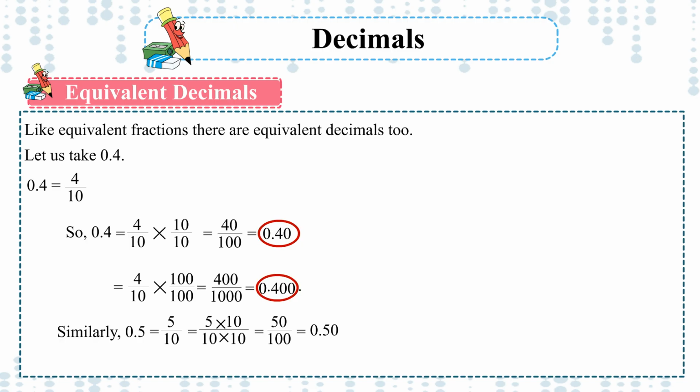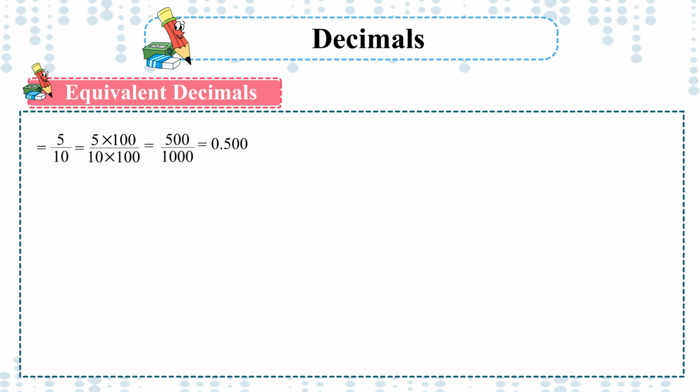Similarly, 0.5 is equal to 5 upon 10, which is equal to 5 multiplied by 10 upon 10 multiplied by 10, which is equal to 50 upon 100, which is equal to 0.50. This is equal to 5 upon 10, which is equal to 5 multiplied by 100 upon 10 multiplied by 100, which is equal to 500 upon 1000, which is equal to 0.500.